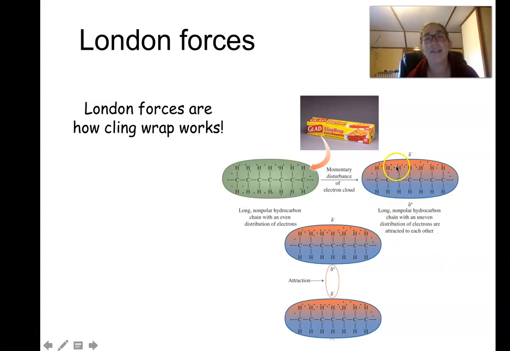The static is caused by electrons moving, and then that polarizes the material, and so it's attracted to itself, and you get this sticky adherence. That's that attractive force that you can feel when you stick the saran wrap to something or if it sticks to itself. But it's not that strong of a force, right? It's not stuck. You can easily unwrap things. It's strong enough to seal something off, but not so strong that you can't easily open it back up. So that's a great example of London forces in a nonpolar substance that you can sort of feel or see at work.